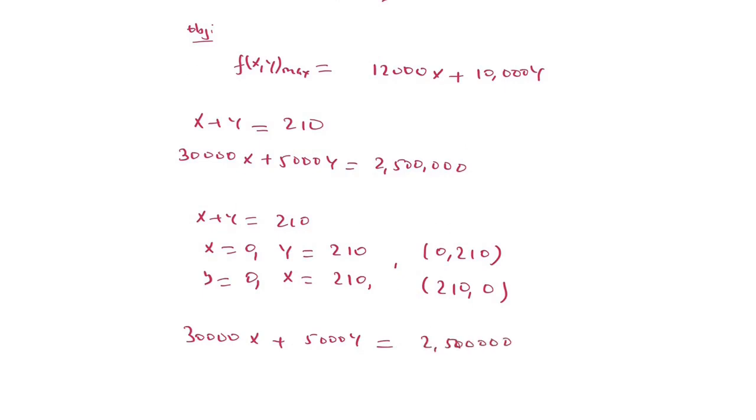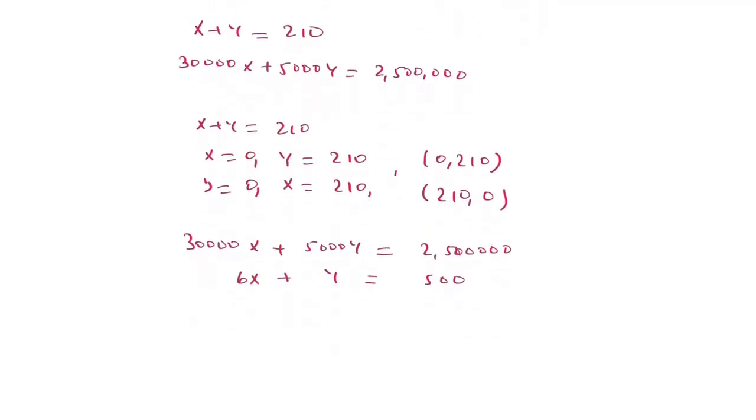Simplifying this, our equation is going to be 6x plus y equals 500. For this one, when x equals 0, y is going to be 500, and our point is going to be (0, 500). And when y equals 0, x is going to be 166 2/3, and our point is (166 2/3, 0).